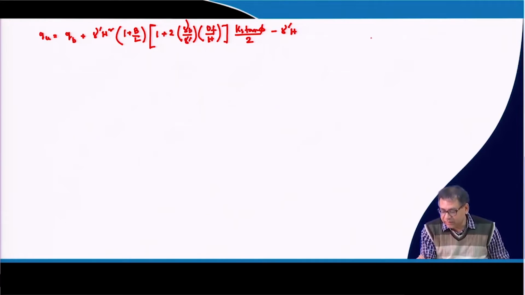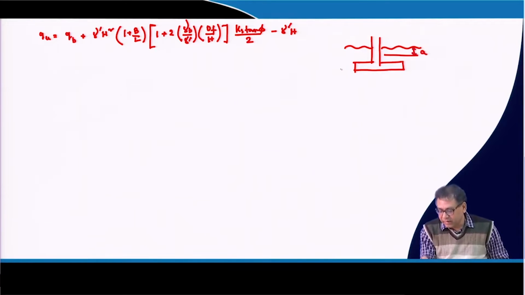So, now if the water table is not at the base of the foundation, it can be anywhere. For example, if the water table is here with a distance of a, and this is the df. Now, this is gamma bulk, this is gamma dash. So, now what will be the pressure distribution?